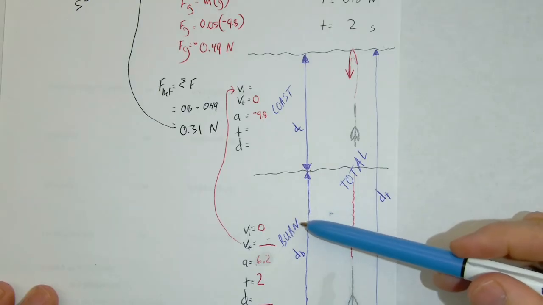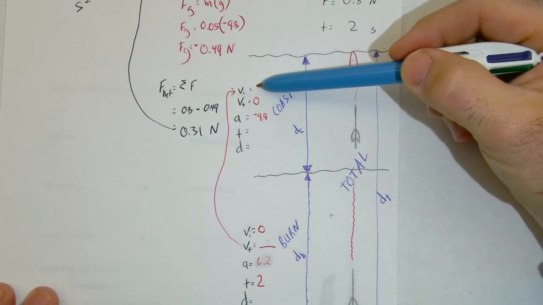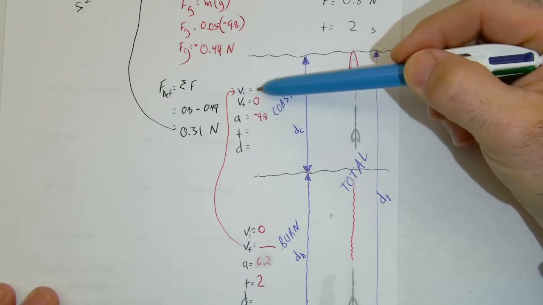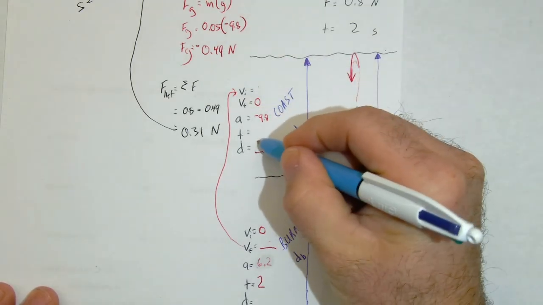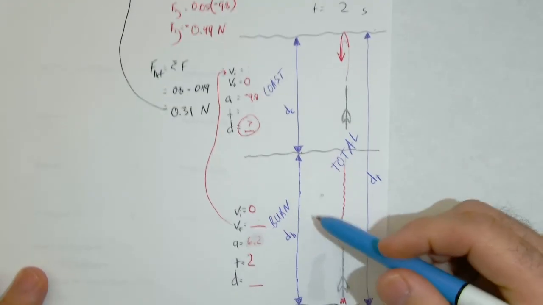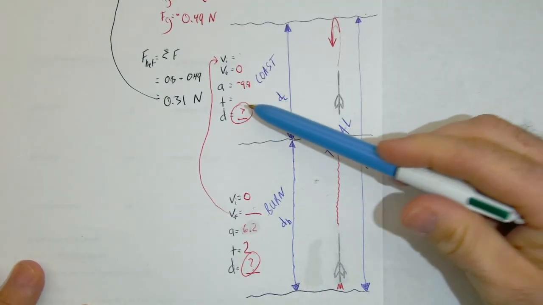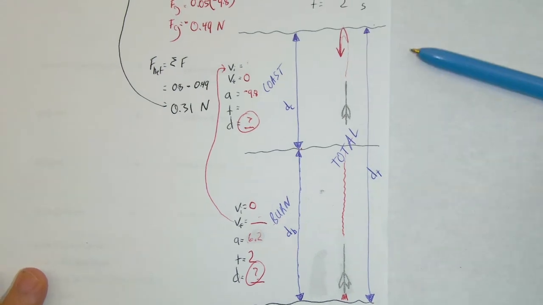The velocity final from the burn phase is the velocity initial in the coast phase. And that's going to be your third one there. And as you should know by using your equations, once you have three, you can solve for displacement, and you're going to add these two together to solve for your total displacement, which is the ultimate question that you're wanting to know.